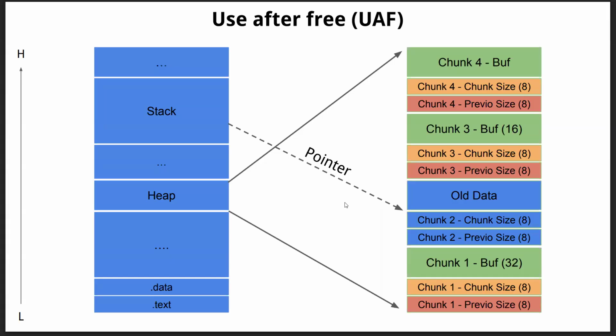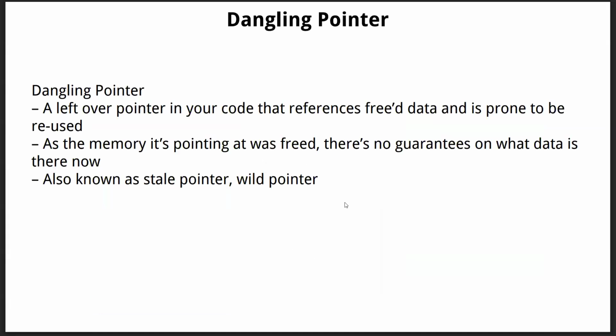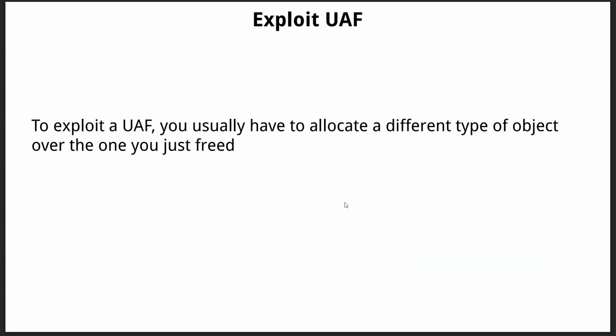So here, let's say on the stack we have a pointer pointing to this object, but this object is already freed. It is something else now, and the attacker may place a new object there, which behaves differently, and then we have unexpected results.